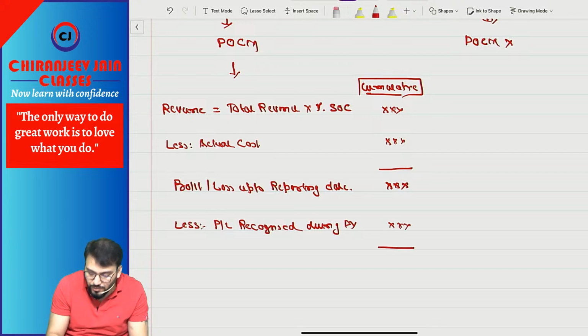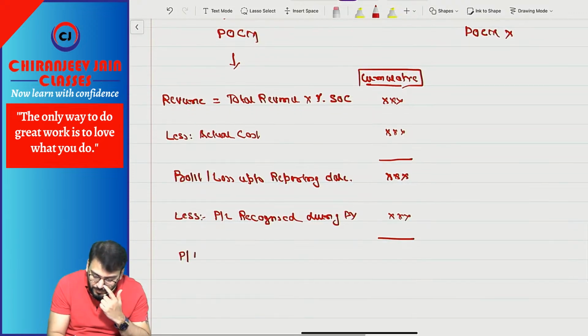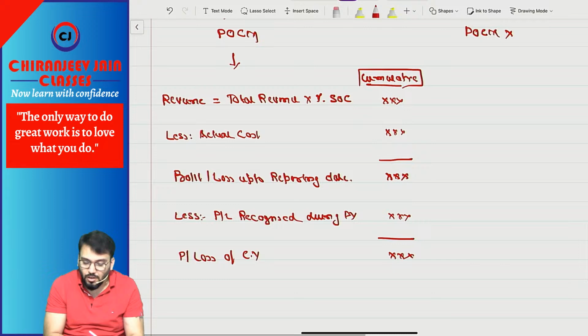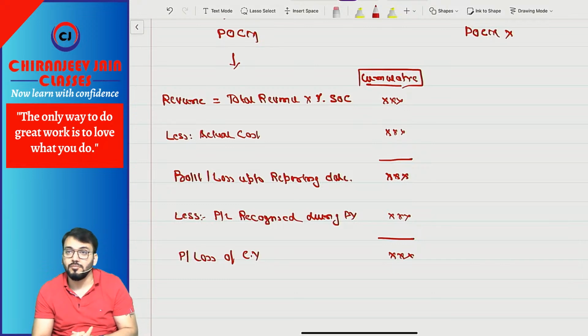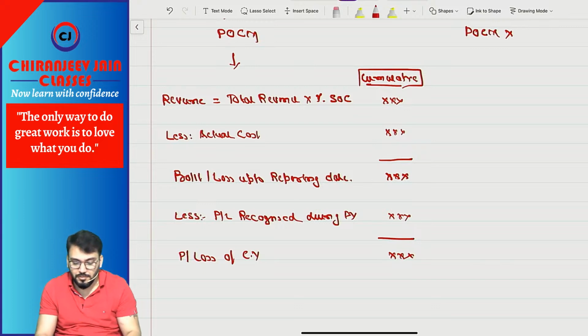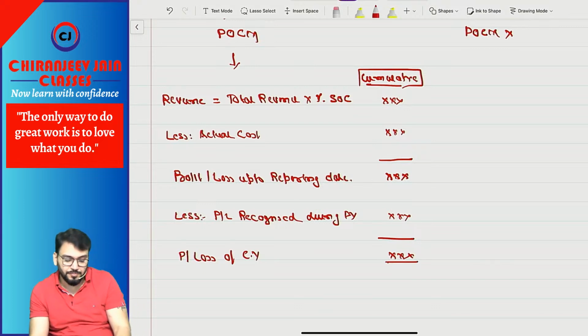So this will be the profit or loss of the current year. Understood?